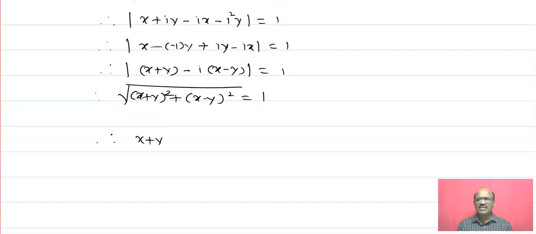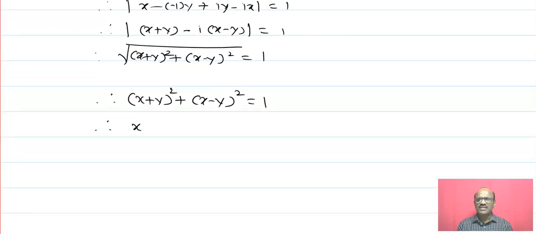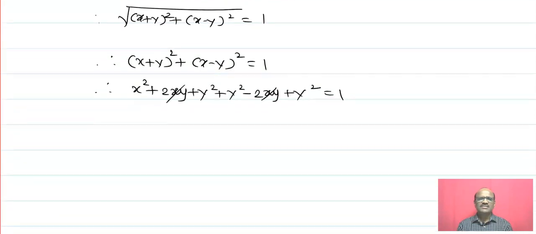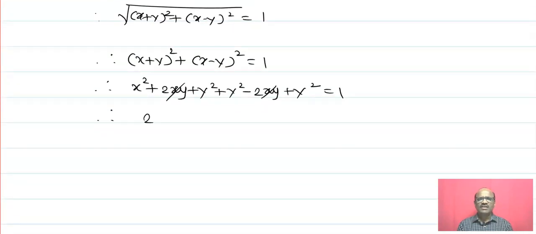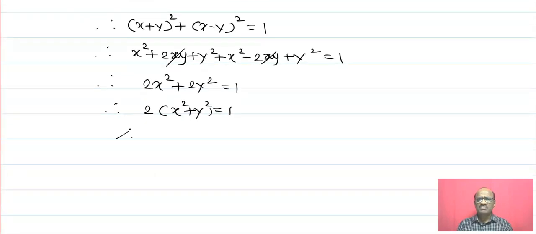That is x minus in bracket minus 1 y, plus iy minus ix equals 1. Therefore, real part x plus y, minus i times x minus y, is equal to 1. Therefore, its modulus is root of x plus y whole square plus x minus y whole square is equal to 1. Squaring on both sides, you will get x plus y whole square plus x minus y whole square is equal to 1.